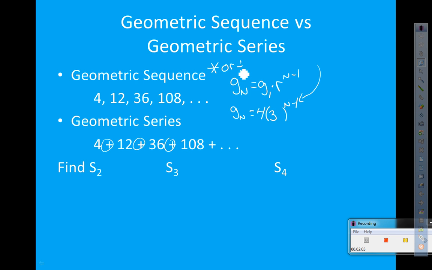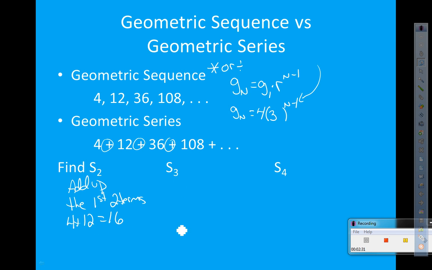Notation is just like we had for the arithmetic sequence. If you see something like S sub 2, I'm asking you to add up the first two terms. So I'm asking you to say that 4 plus 12 equals 16.